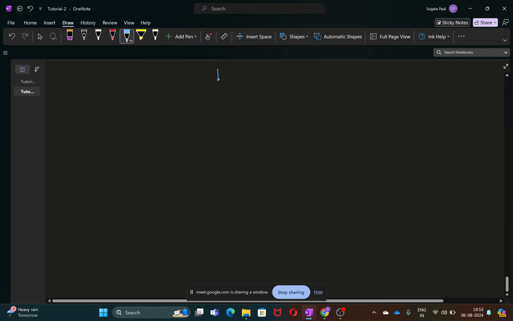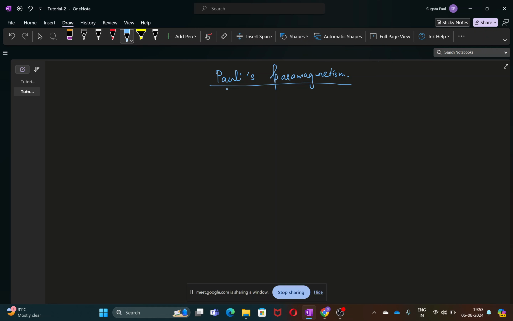Pauli paramagnetism mainly happens in metals having free electrons, where the free electron spins are affected by the applied magnetic field, and the energy band of the system gets split into spin up and spin down electrons separately. So basically it comes from the electron spin under the effect of a magnetic field in a paramagnetic sample.